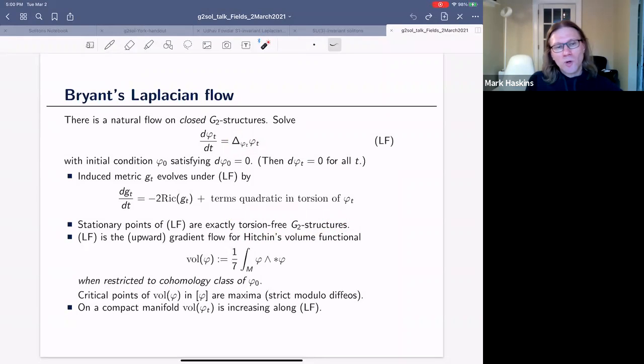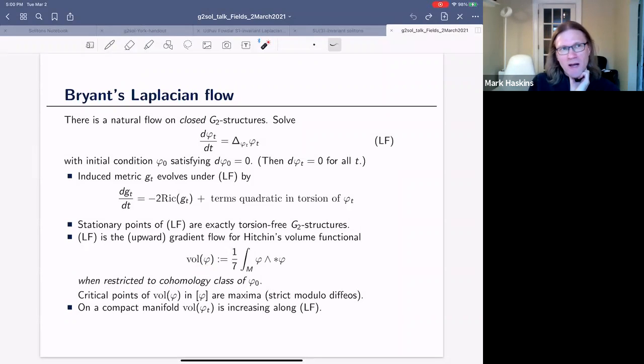But more than that, the Laplacian flow actually has a gradient flow structure. So Hitchin introduced his so-called volume functional. Given a form phi, we have its induced metric g phi.